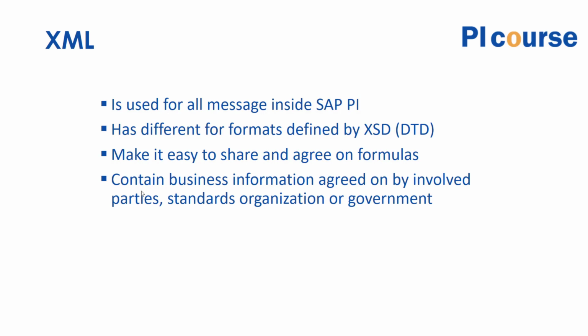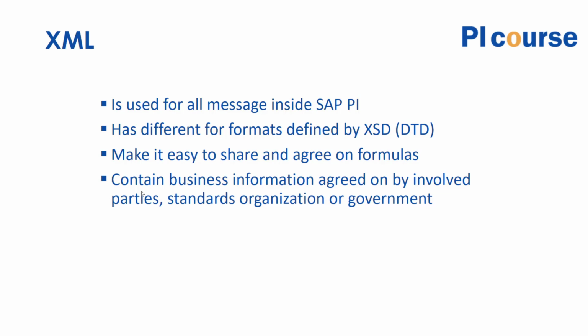XML is used to handle all messages in the PI system. So it's the main way you're dealing with messages, and the way it's normally being used. It's mostly defined by XSD. I think earlier some people were also using DTD for it, but I haven't seen those for quite a few years.